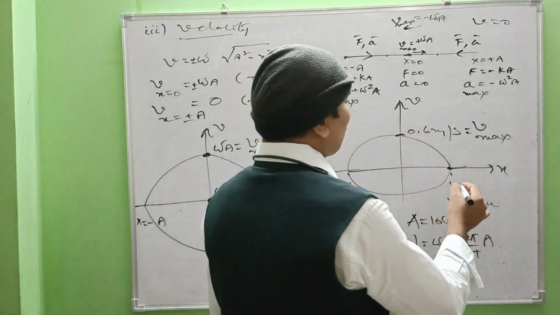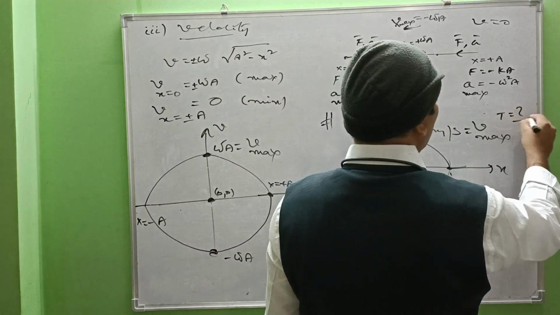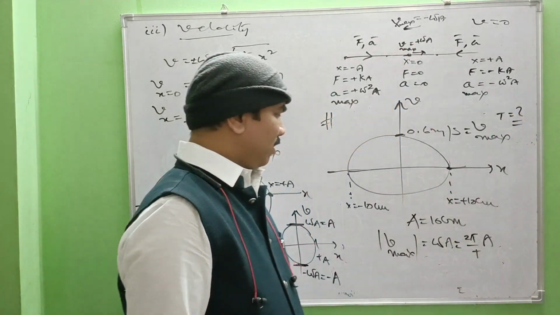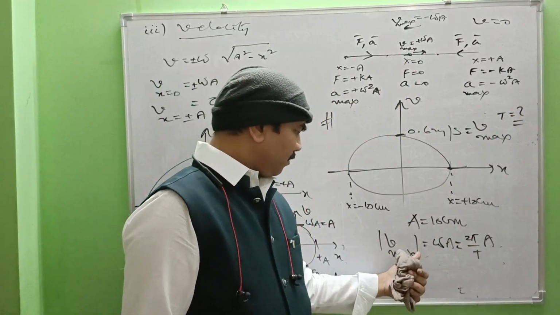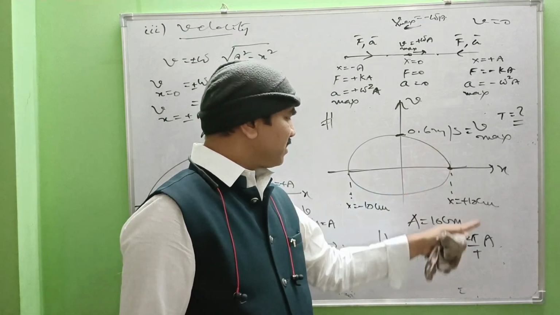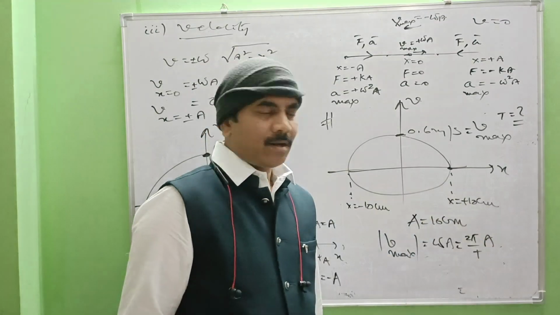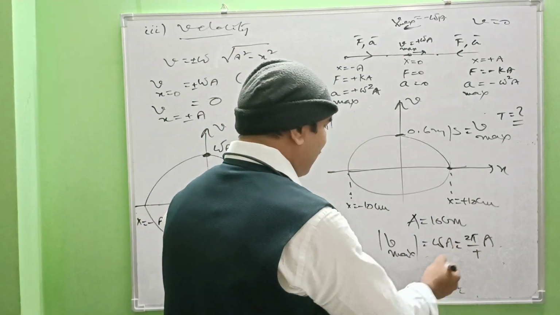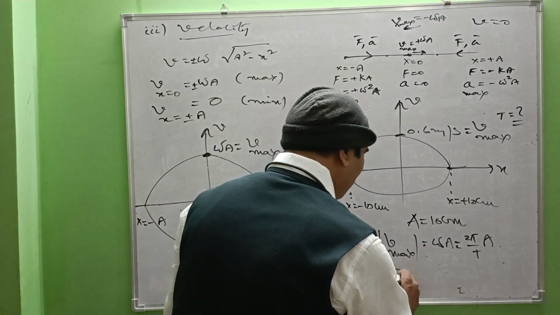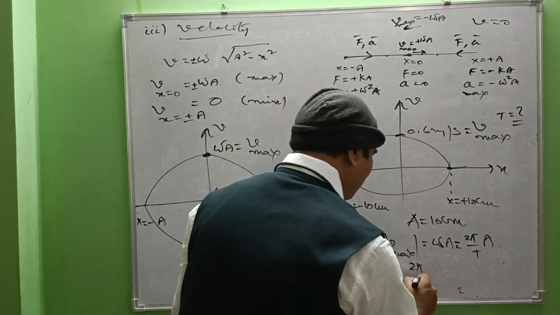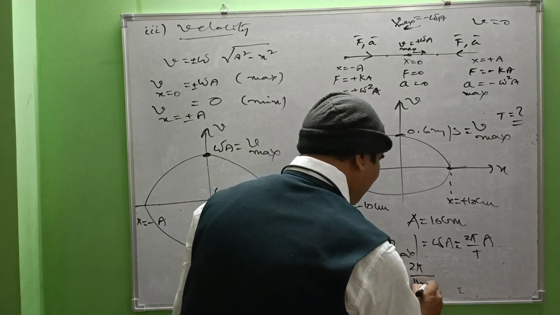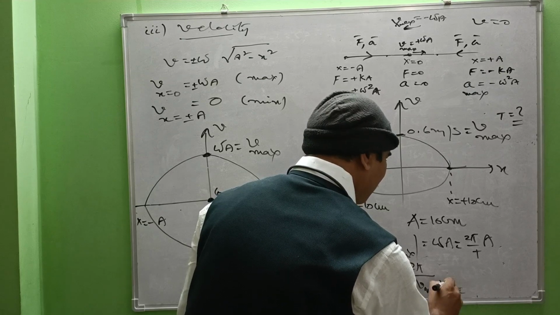Now what is the unknown quantity here? Find the time period of the oscillating particle. We have maximum speed 0.6 meter per second and amplitude 10 centimeter, so one can find the time period. T equal to 2 pi by mod V max into amplitude.